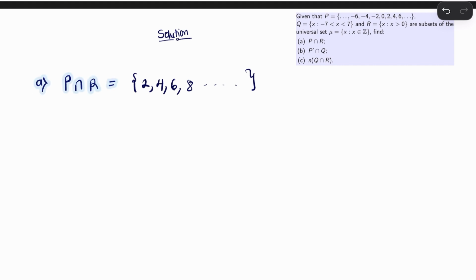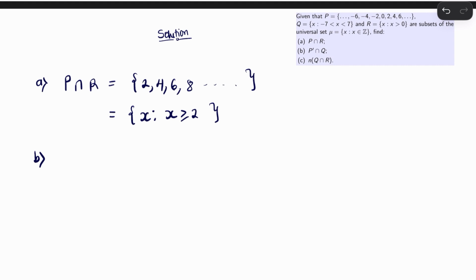And so P intersection R is the set of all even numbers greater than or equal to 2. Here 0 is not included in this intersection because the set R does not contain 0. So we are not going to include 0 in the intersection.